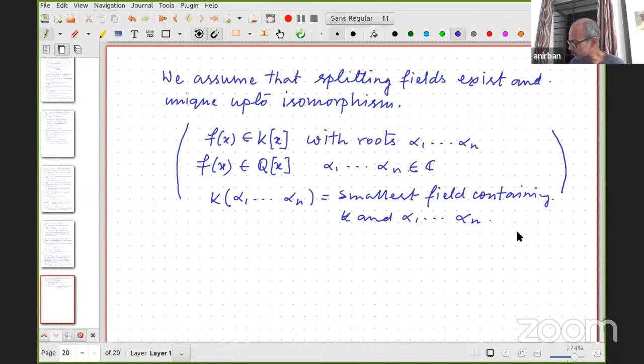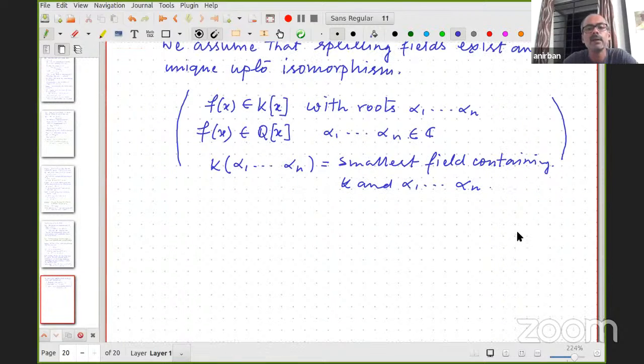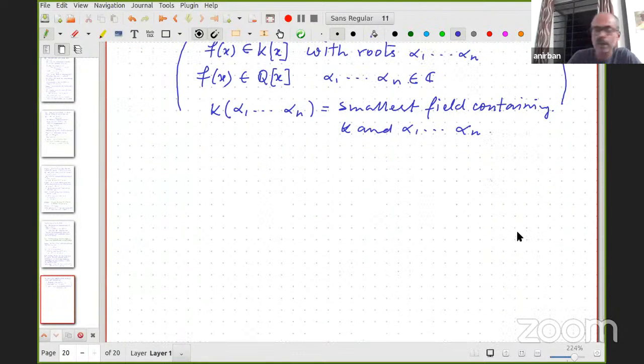Okay, I just have a little time left, but with this assumption about existence and uniqueness of finite fields, we have a very nice lemma for finite fields.